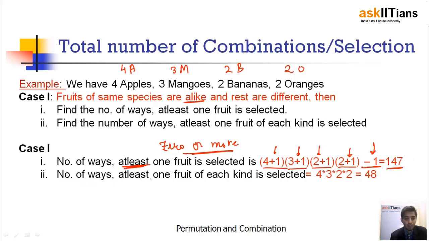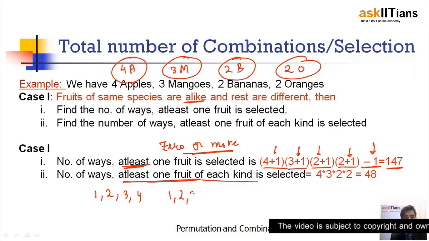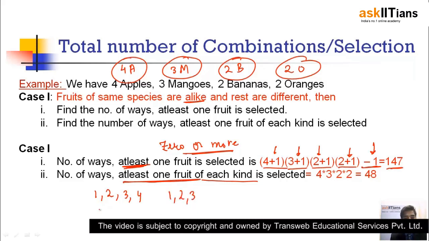Now you have to select at least one fruit of each kind. So you will have to select one apple, one mango, one banana, and one orange. Either I can select one apple or 2 apples or 3 apples or 4 apples, and similarly either one mango or 2 mangoes or 3 mangoes.